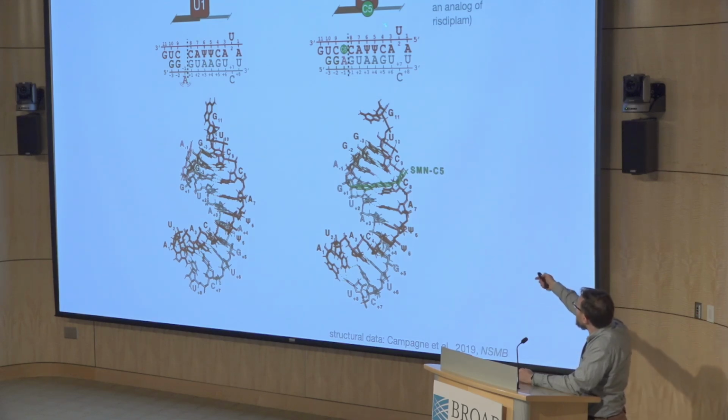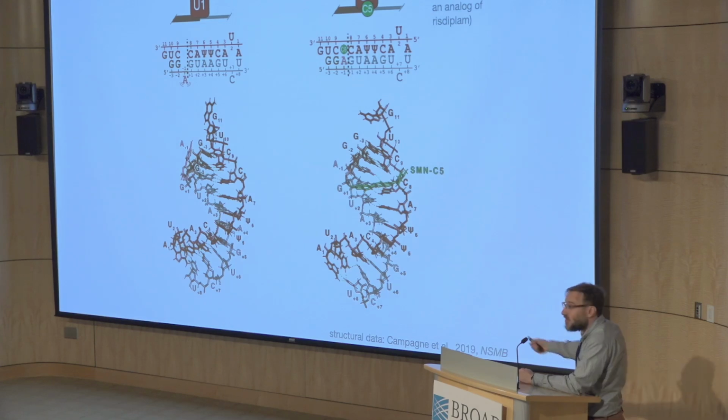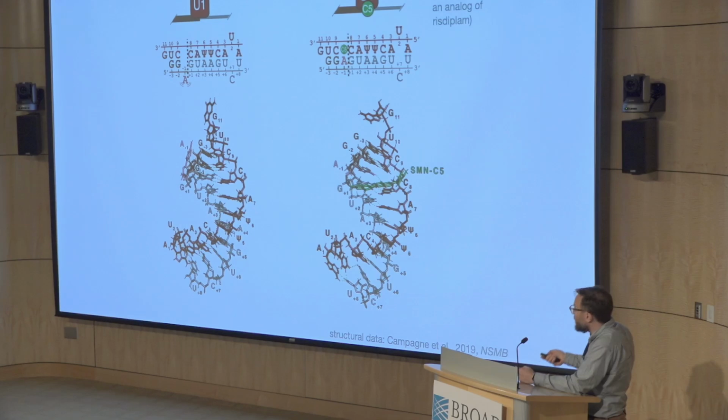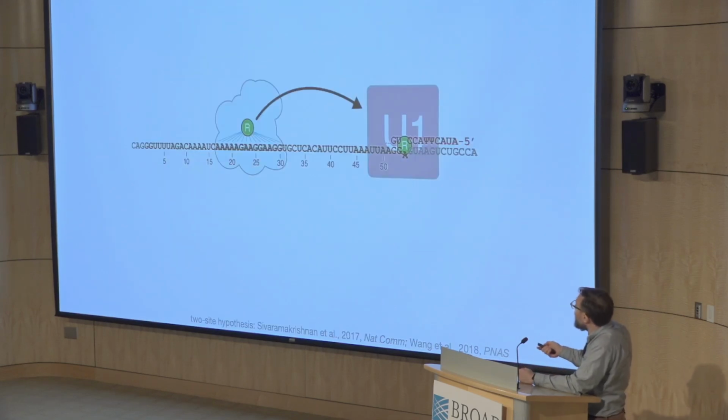What they found is that SMN-C5, an analog of risdiplam, is able to bind across the RNA double helix, and a carbonyl moiety on the drug is able to form a hydrogen bond with the amino group of the -1 adenine, pulling it out of the minor groove and into the helical stack, thereby stabilizing the complex.